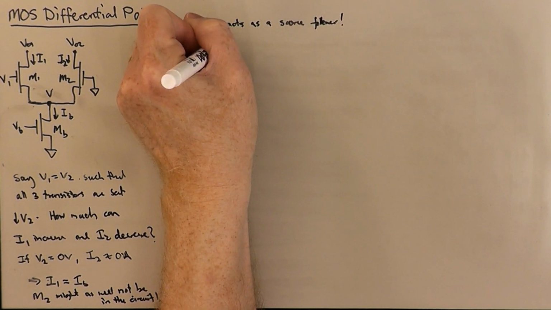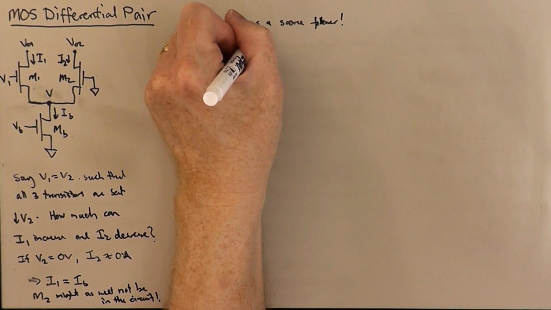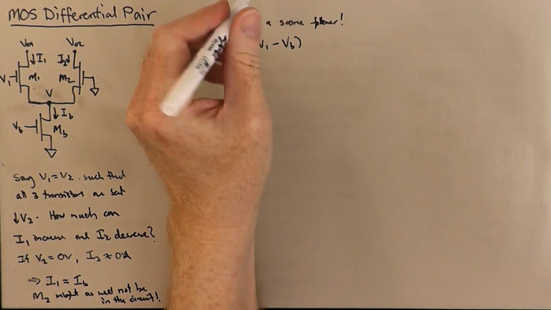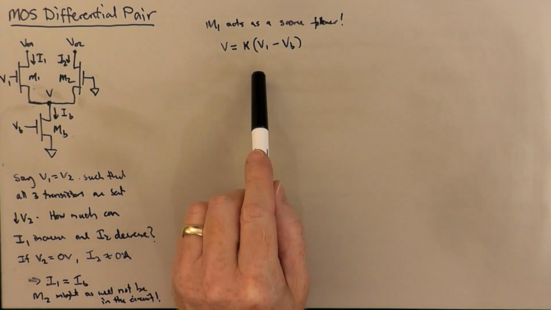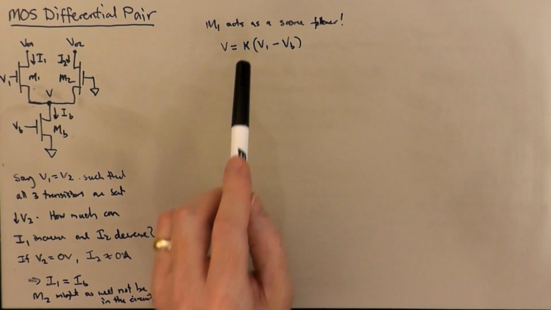We know that V, for instance, is going to be equal to kappa times V1 minus VB. So V1 will control the value that V takes on. And if V1 goes up, V will follow behind it by a certain amount. We know that the incremental gain from V1 to V is kappa.